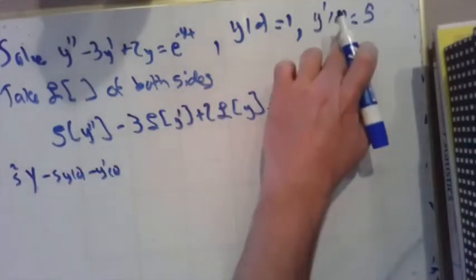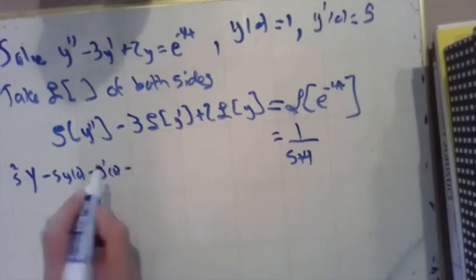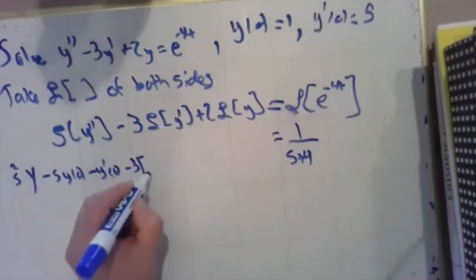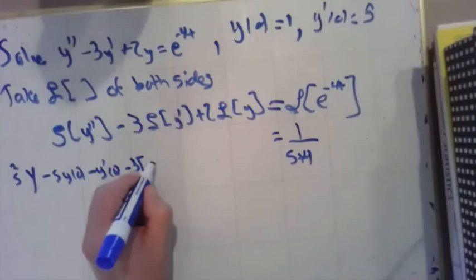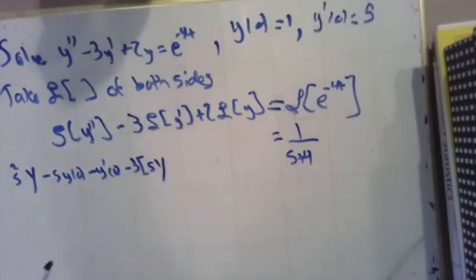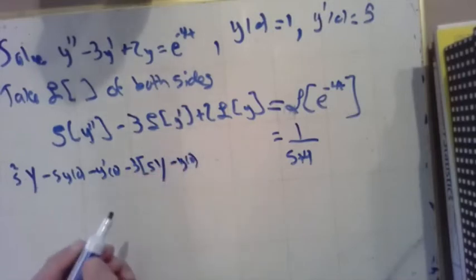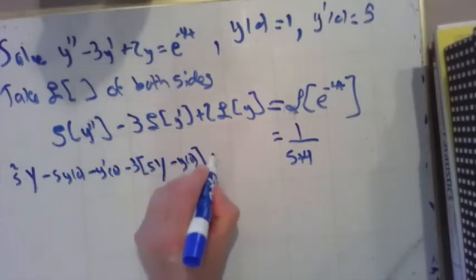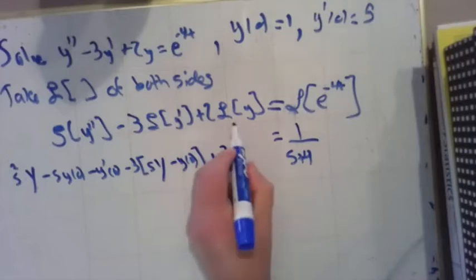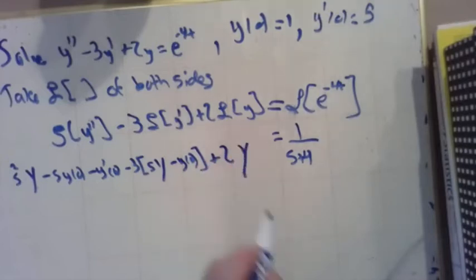Those are here. Minus 3 times the Laplace transform of y prime, which is s capital Y minus y of 0, plus twice the Laplace transform of y. That's what we're calling capital Y.